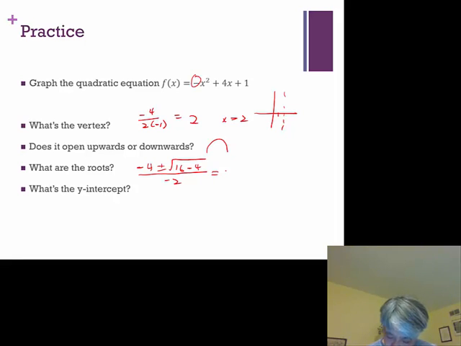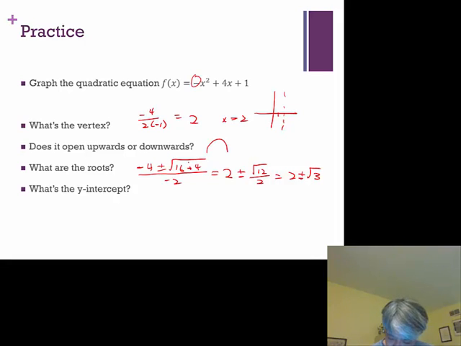So this is going to give me x equals 2 plus or minus the square root of 16 minus 4, which is the square root of 12, over 2. The square root of 4 comes out, so it becomes 2 plus or minus the square root of 3. So those are my real roots.